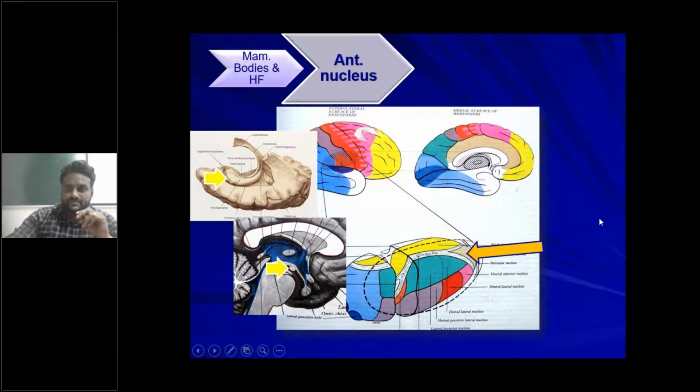Then these fibers, on the other hand, are connected with the cingulate gyrus, which is present on the medial surface of the cerebrum. Whatever you see above the corpus callosum, this is the corpus callosum, and whatever you see above the corpus callosum, this is the cingulate gyrus. This one is the cingulate gyrus.